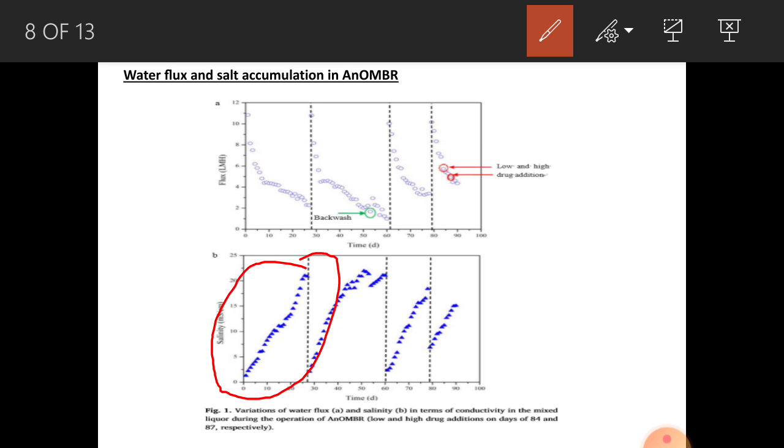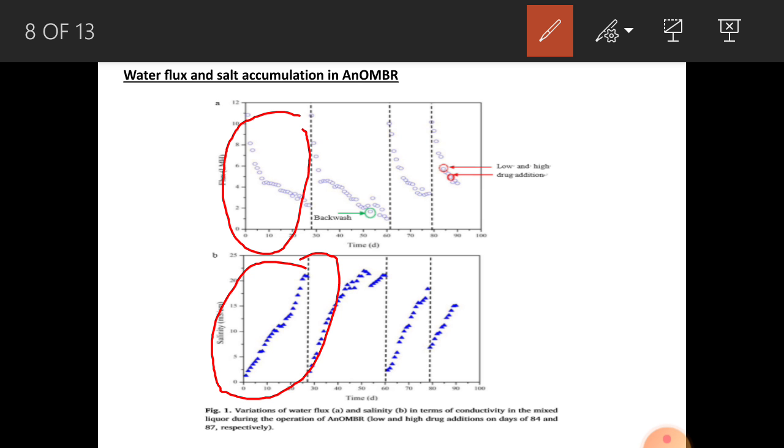So this salinity buildup can be attributed to the retention of solutes from the influent, and it can be seen that because of this salt buildup, the water flux declines, as it can be seen from around 10 to that of 2.